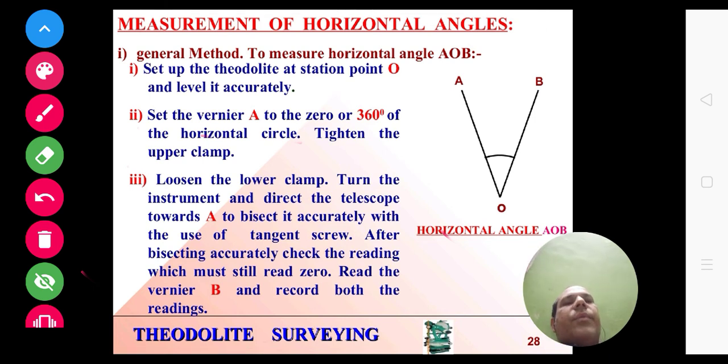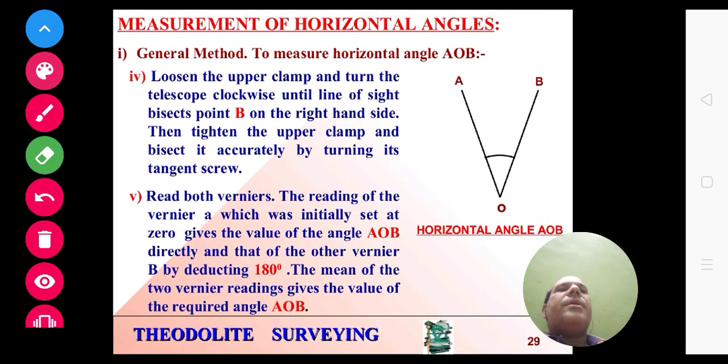That reading is for one face, when the vertical circle is on the left side of the observer. You have to repeat the same procedure with the other face, that is face right, in the direct method.